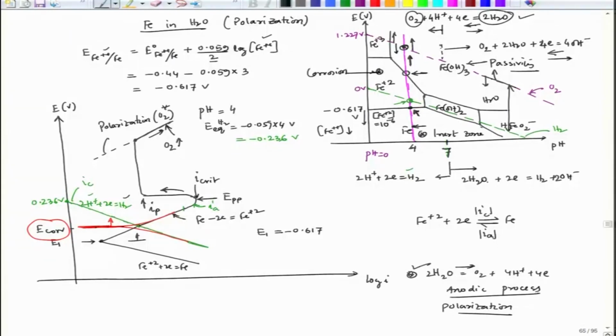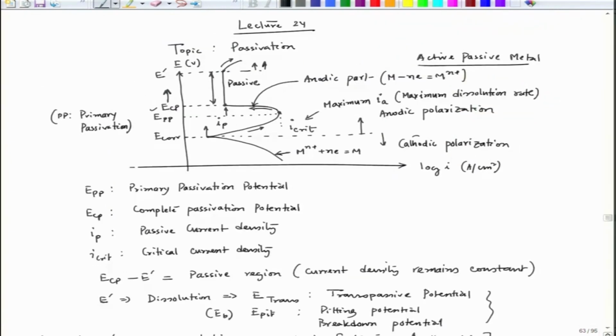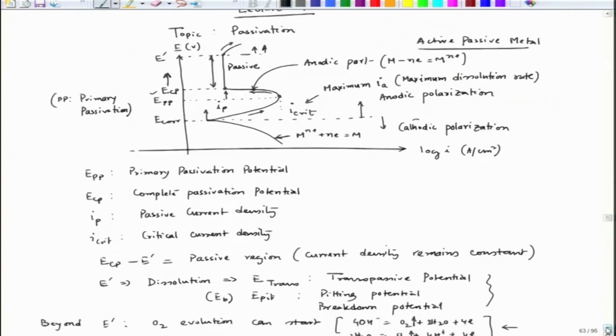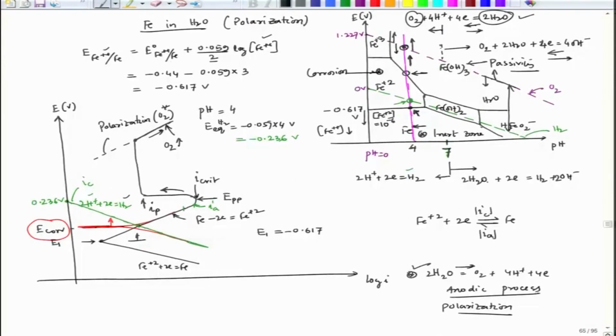So, in the previous plot, we could see that oxygen evolution can start depending on the situation, from the interaction between the polarization and the Pourbaix diagram.